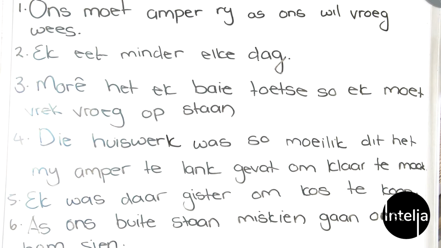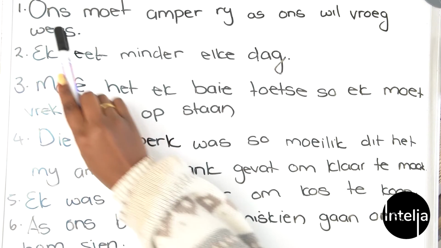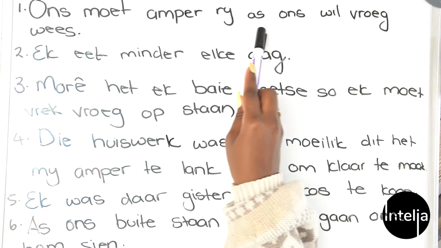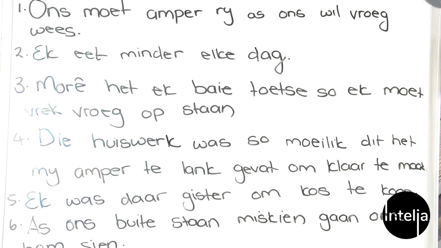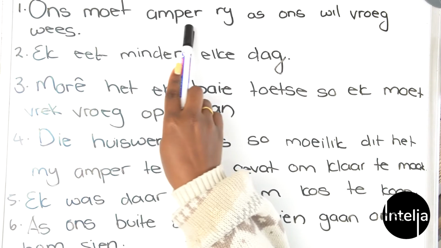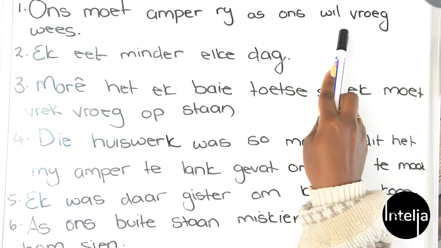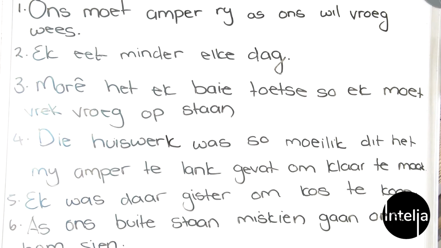So, nummer 1. Ons moet amper ry as ons wil vroeg wees. Okay, so we have to ride fast or now, immediately, if we want to be early. So die eerste ding wat ons gaan doen is, ons moet ons werkwoord soek.